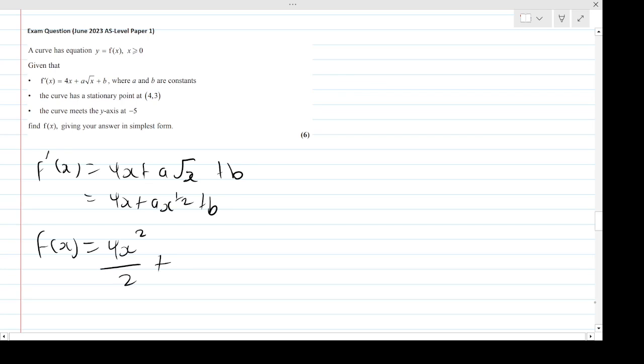Then we have a x to the half: a is just the coefficient in the front, so leave a where it is. For x to the half, add 1 to the power, we get 3/2, then we divide by 3/2. Then b is a number, so it just integrates to bx. We add an x on, and then add plus c.